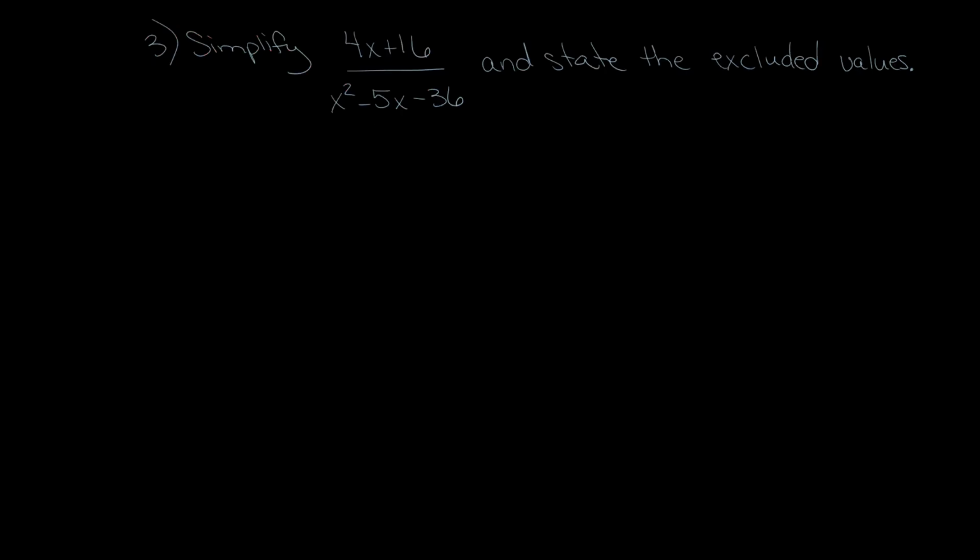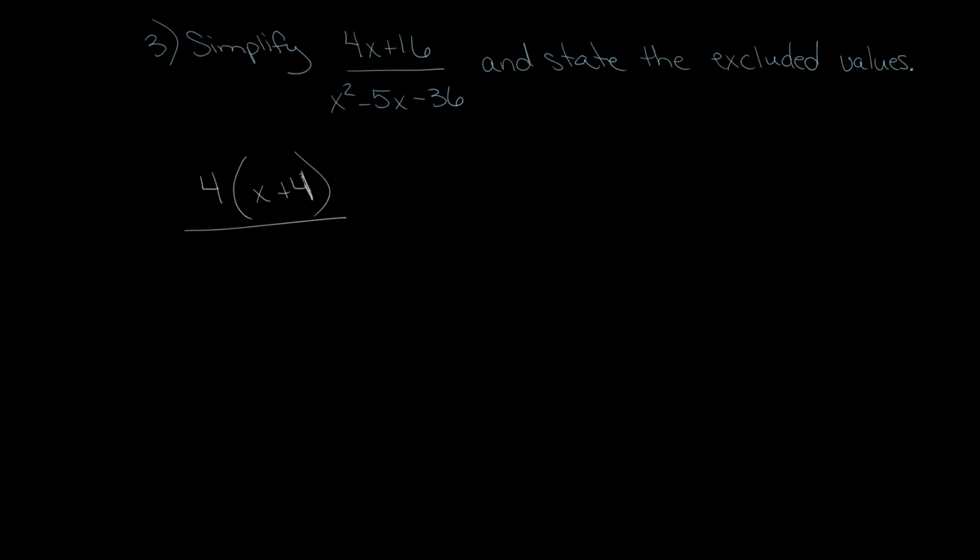Number 3, simplify 4x plus 16 over x squared minus 5x minus 36 and state the excluded values. So I am going to factor. In the numerator, I can factor out a 4. That is my greatest common factor. If I took out a 4, I'd be left with x plus 4, because what do you multiply 4 by to get 4x? x.